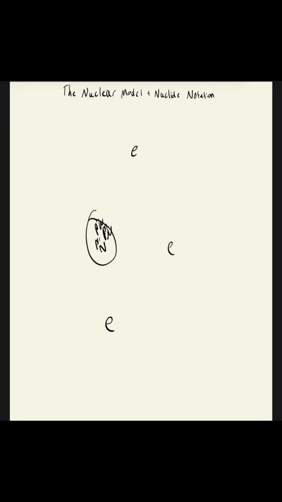So 3 quantities define the composition of any atom. The atomic number equals Z, and that is the number of protons in the nucleus. It defines the element, and it is unique to each element.